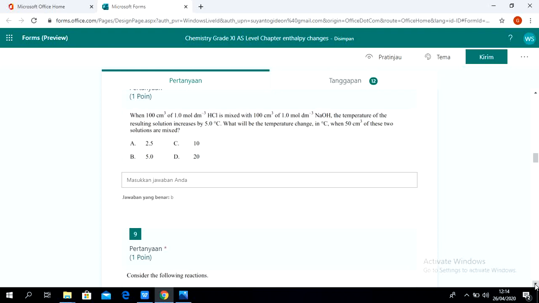Now, how about only 50 cm³ of this? So, the temperature change would be the same. Why? Regardless of the volume, the temperature change is due to the concentration.